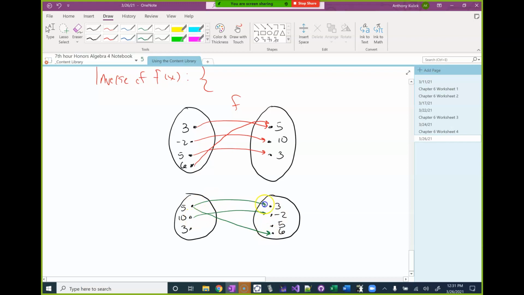So this could be what we call f inverse. But what do you notice about f inverse? Not a function. Okay.